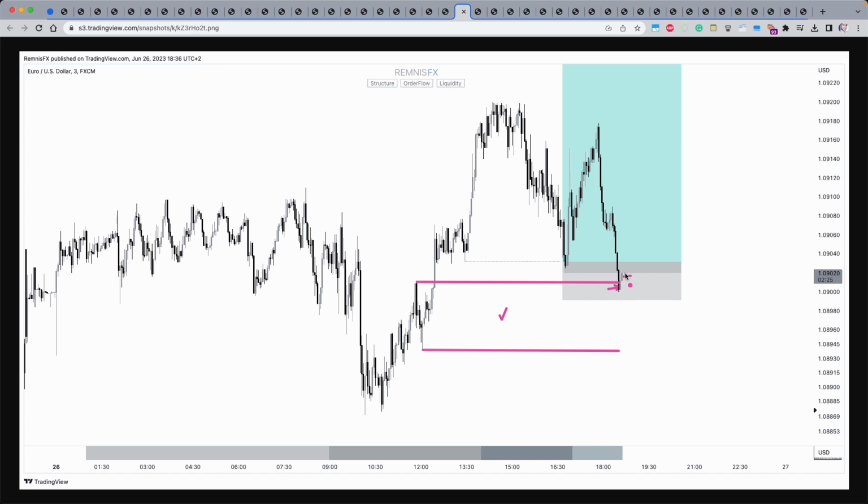And this gray candle was about to close above that black candle that not only took out this here liquidity, I mean structure low, but also closed within this POI. So that black candle here, very important to me.